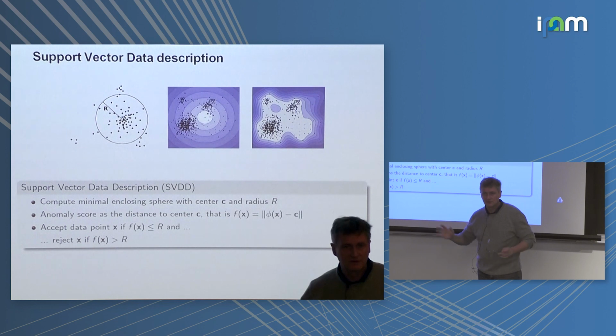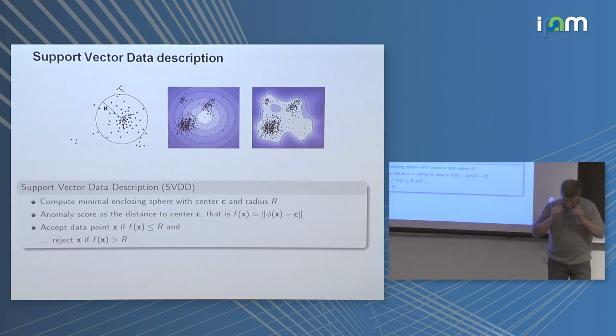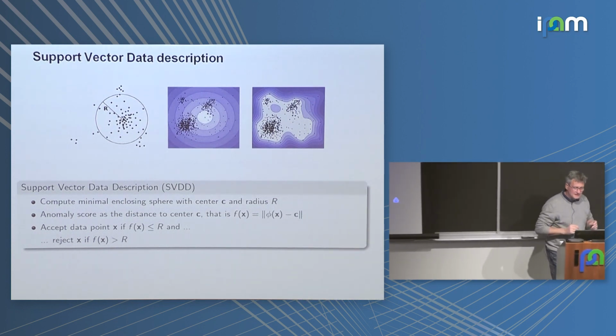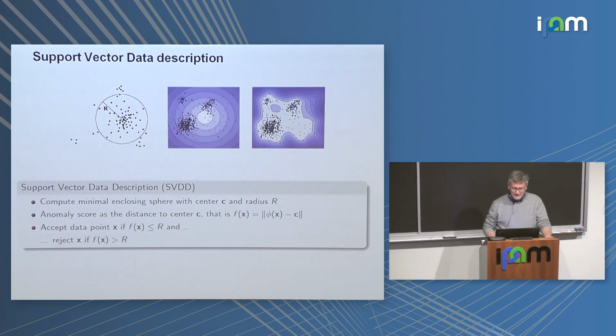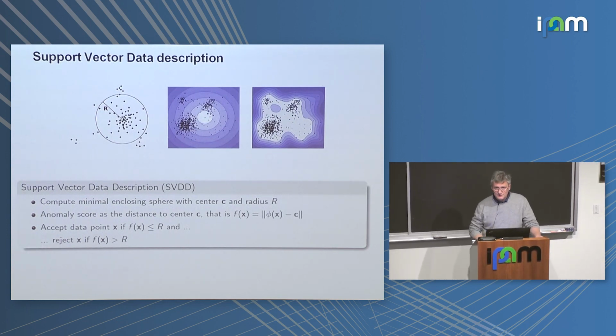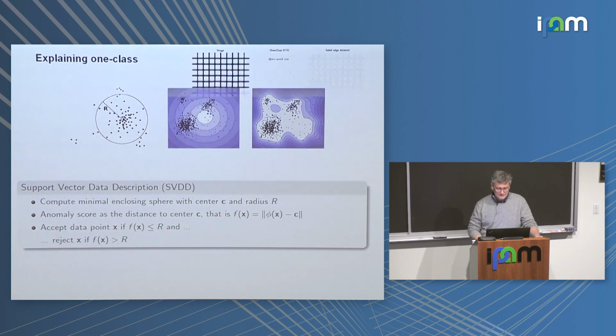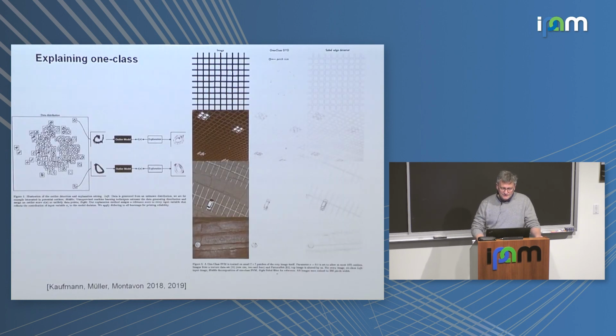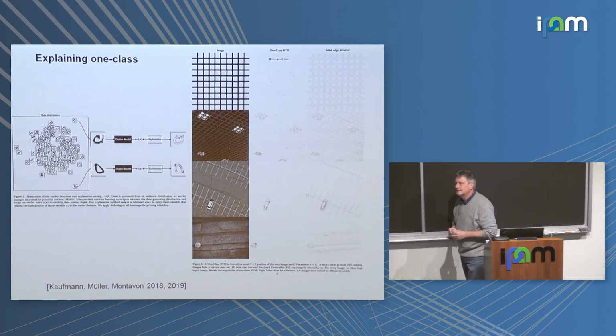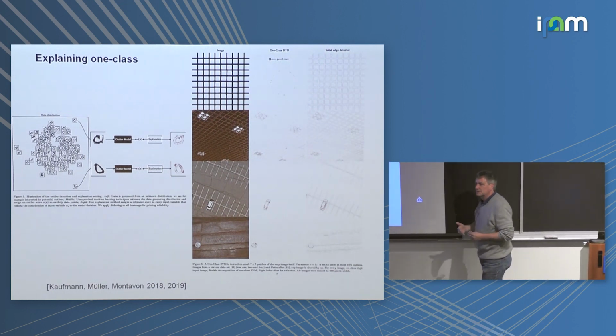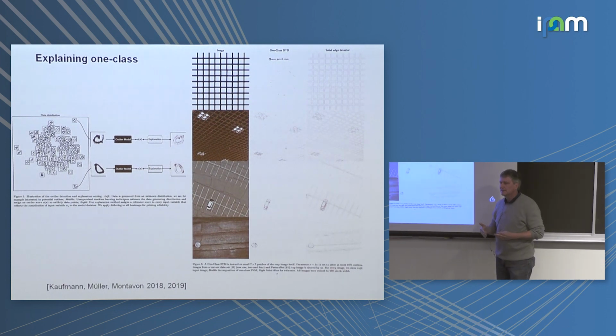That's the old kernel idea in one-class classification. Now the question is, can we also explain that? The idea is that, like a support vector machine as before, we can rewrite it in terms of a neural network, and then we can apply LRP. So that's the basic idea.